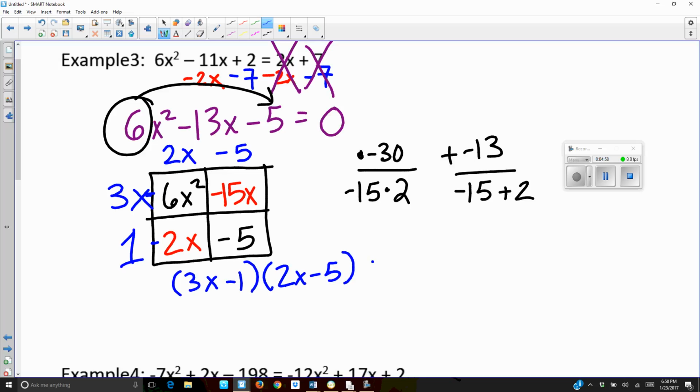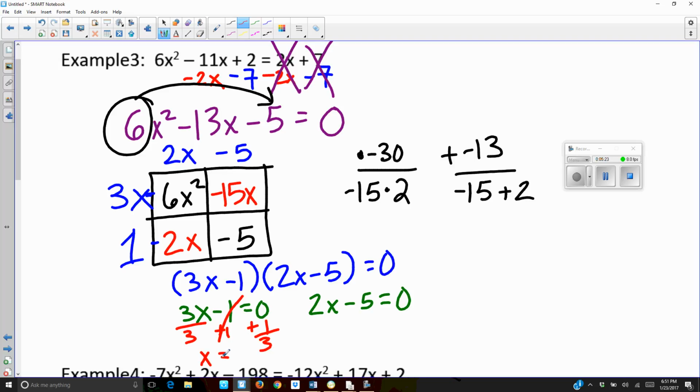And our last step, to solve for x to get our two solutions. Set each factor equal to 0 to get your two solutions. This time you're going to get fractions because you've got to add 1 to both sides and then divide both sides by 3.